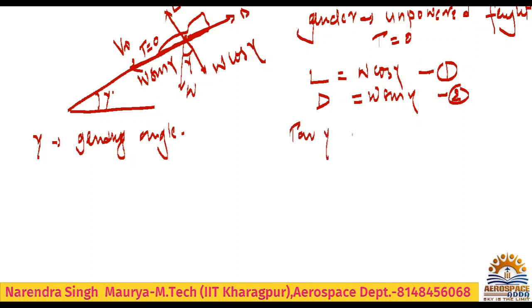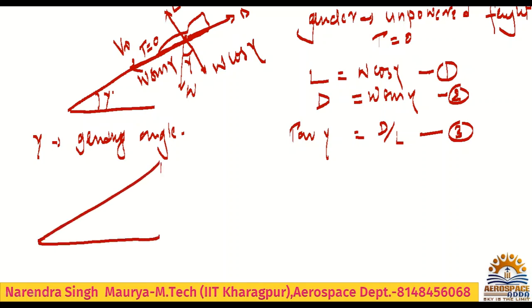Check what will be the tan gamma. It is nothing but D by L. This is equation number 3. For the same, if I draw the triangle, I can relate the altitude.